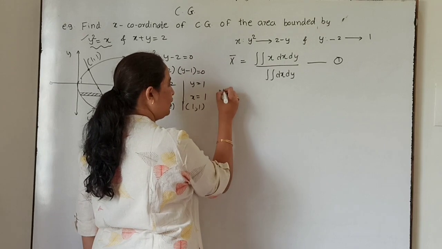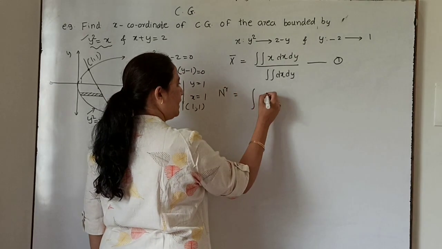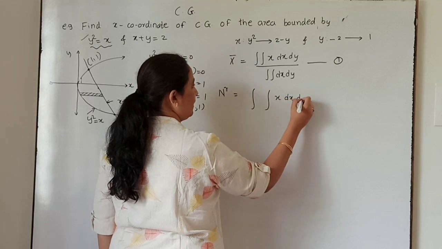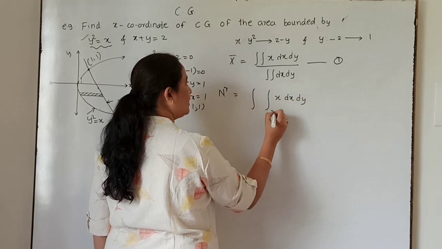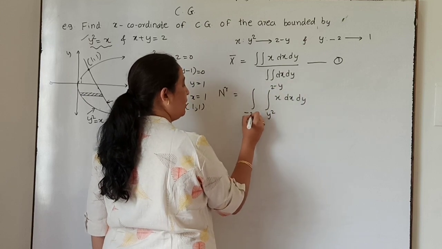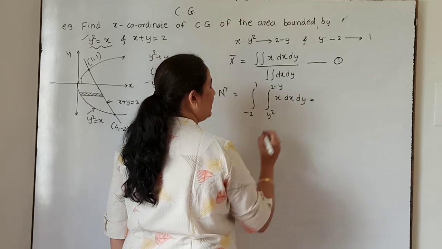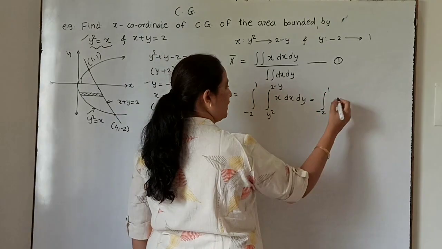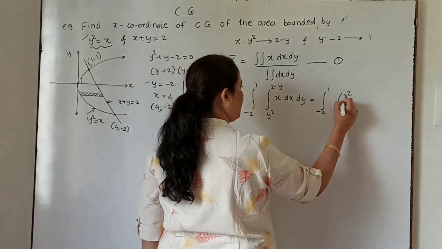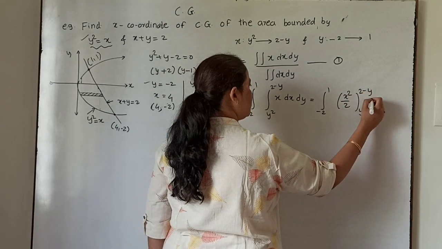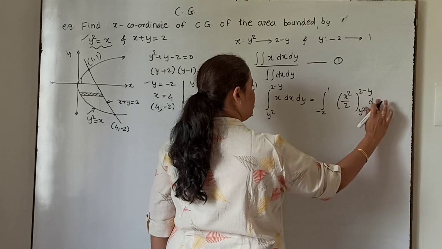Now if I find the value of the numerator, integral of x dx dy, we have written the limits for x, that is y square to 2 minus y, and y varies from minus 2 to 1. If I integrate this with respect to x, it is integral from minus 2 to 1 of x square upon 2, limits from y square to 2 minus y, dy.